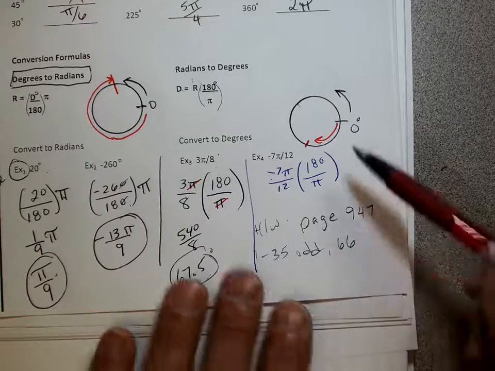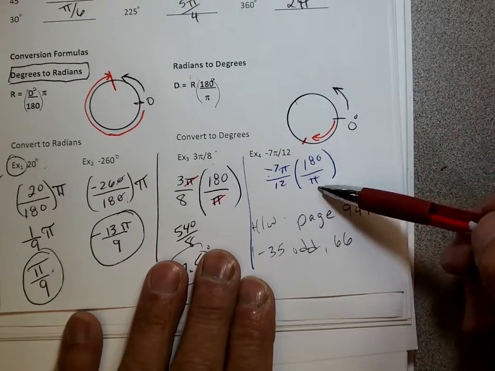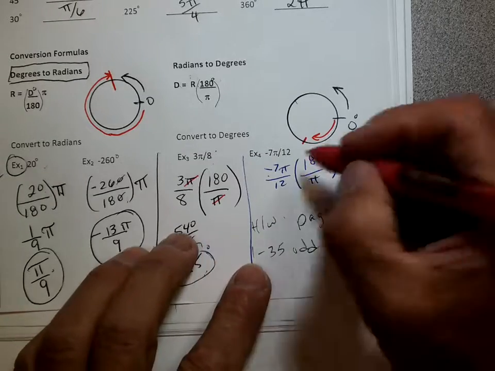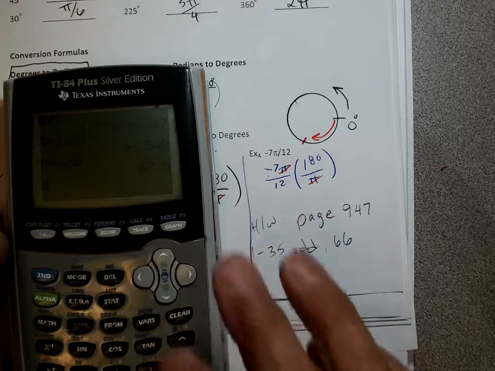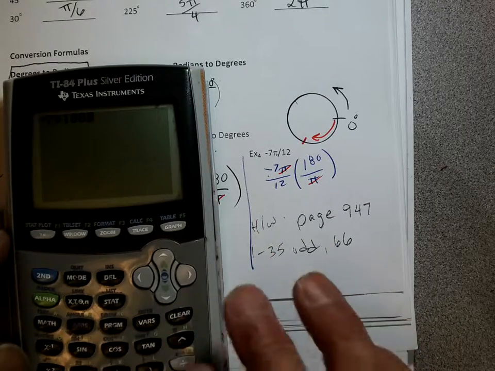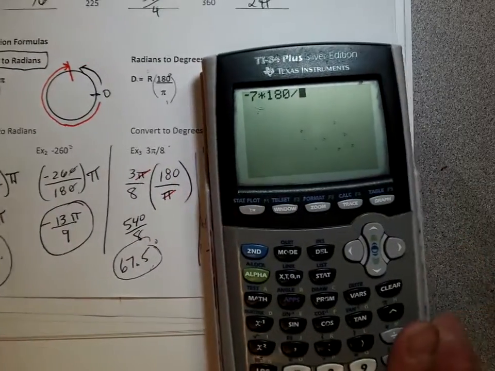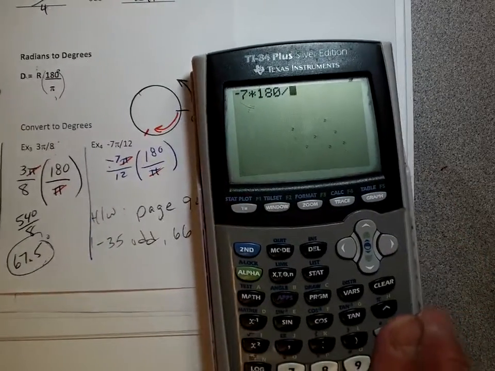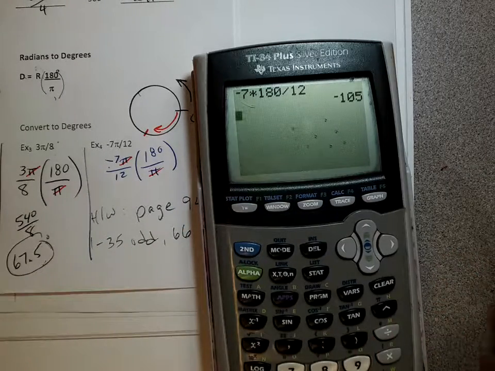Okay, so just plug my radian in for r and multiply times 180 over pi. Again, the pi should cancel. Cancel, cancel. And I go negative 7 times 180 divided by 12, right? And I get an answer about negative 105 degrees.